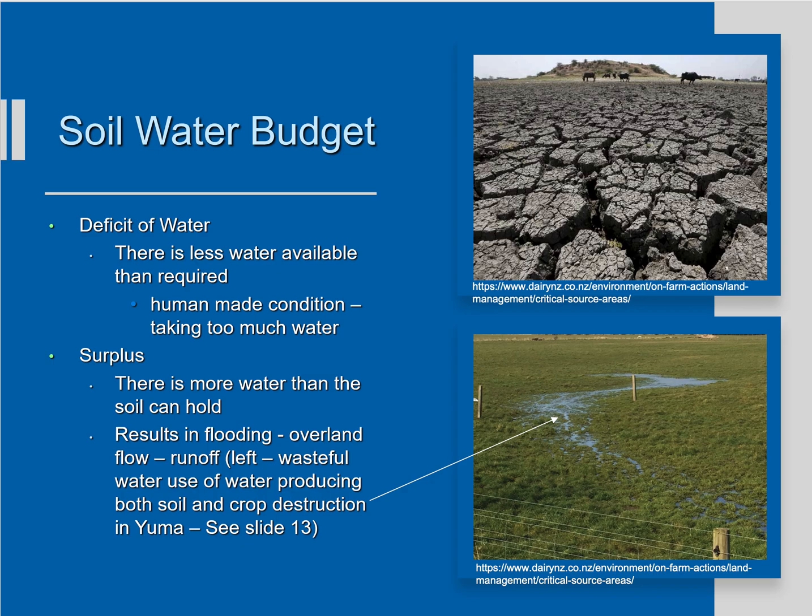The soil water budget then is going to come down to, is there a deficit of water, which is essentially, is there enough water available as required for crop extraction and crop use? If there's not, under agricultural measurements, it is basically a function of a human-made condition, because in nature there is not a water deficit.